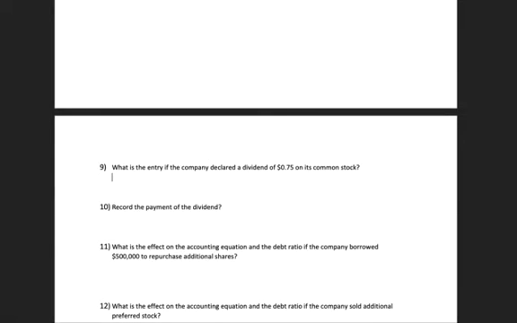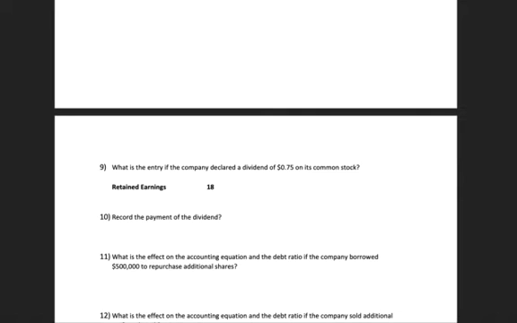Cool. Okay, so moving right along, what is the entry if the company declared a dividend of 75 cents on its common stock? This is going to be a cash dividend on its common stock. You should know by now that when you have a cash dividend, you debit retained earnings. That's what we pull our dividends out of.